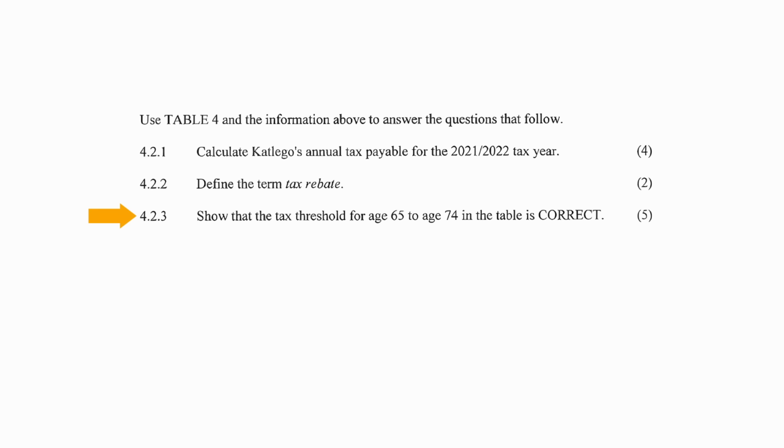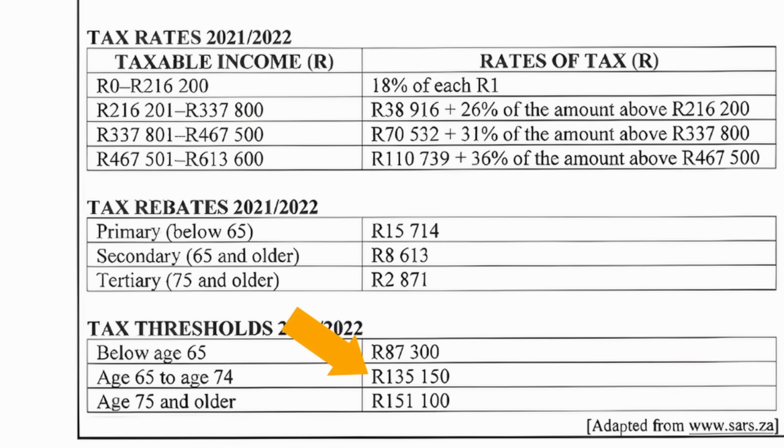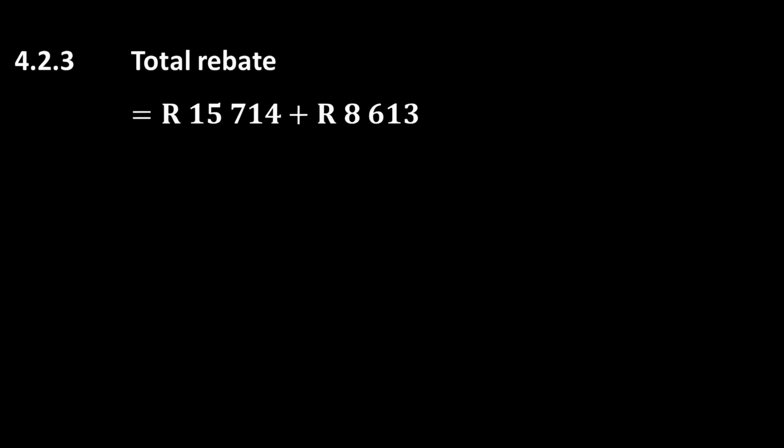In question 4.2.3, you have to show that the tax threshold for age 65 to age 74 in the table is correct. From the table of tax rebates, a person between the ages of 65 and 74 qualifies for a primary and secondary tax rebate. So the total rebate for a person between these ages is 15,714 Rand plus 8,613 Rand, and this equals a total rebate of 24,327 Rand.